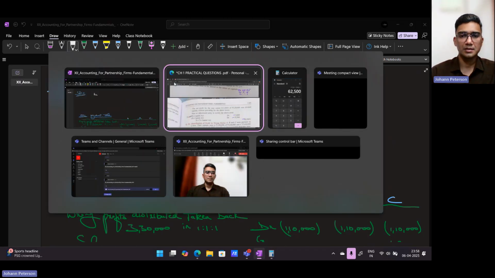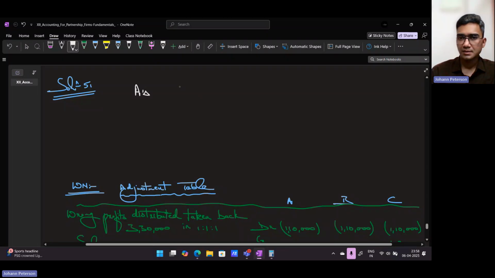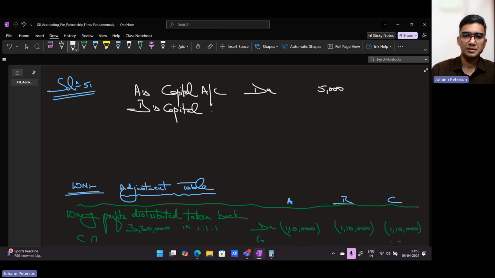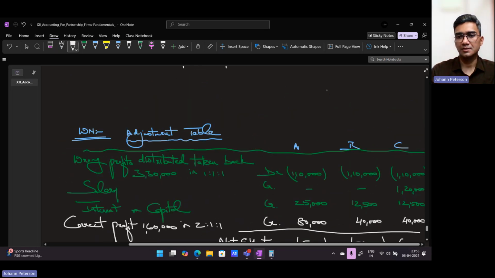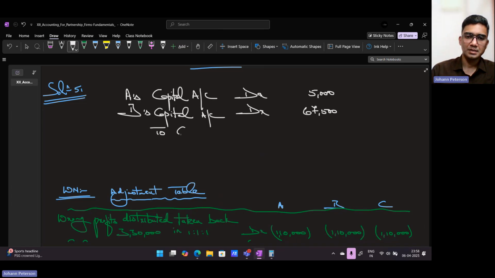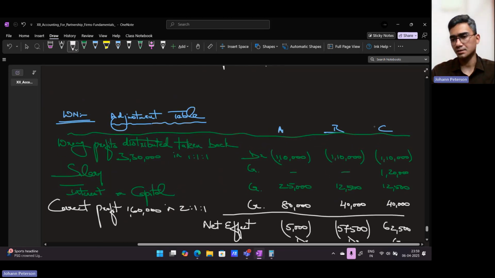A's capital account, it's not talking about any fixed method. So A's capital account debit 5,000. B's capital account debit 57,500, to C's capital account. I think I did the wrong amount.